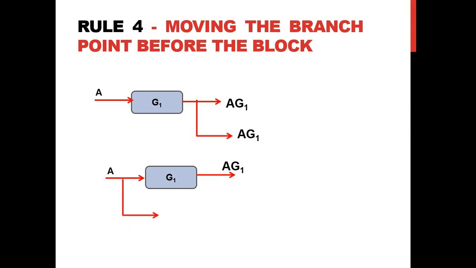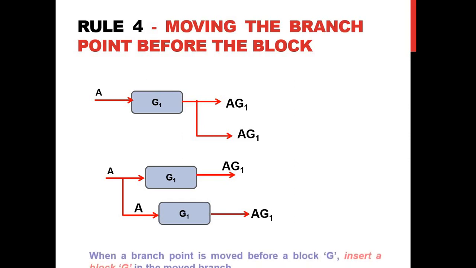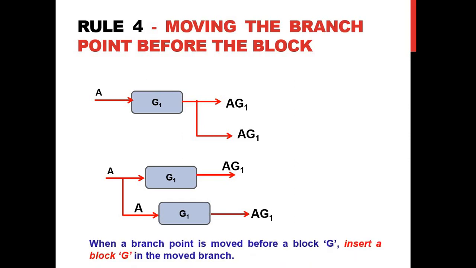So when we move before the block, what we have here is only A, but what the branch point earlier had is A into G1. So when we want to achieve the same output, we should add a block whose value is equal to G1. So the inference we get from this rule 4 is that when a branch point is moved before a block called G, insert a block G in the moved branch.